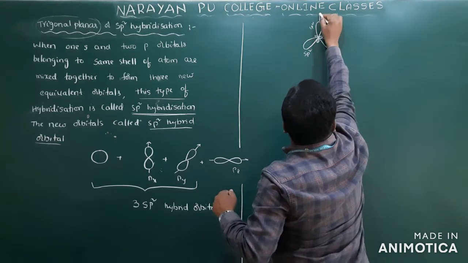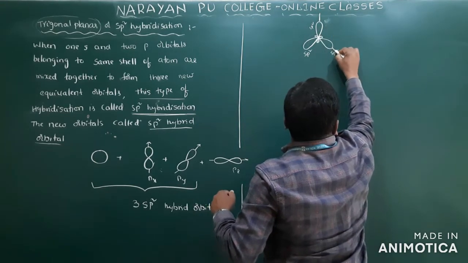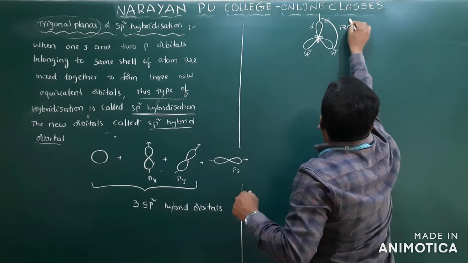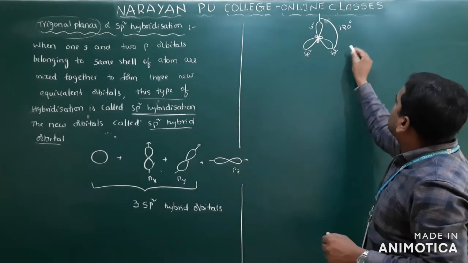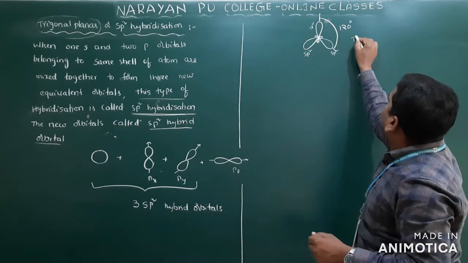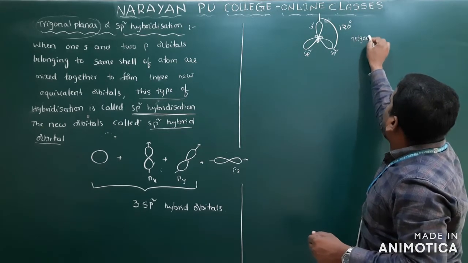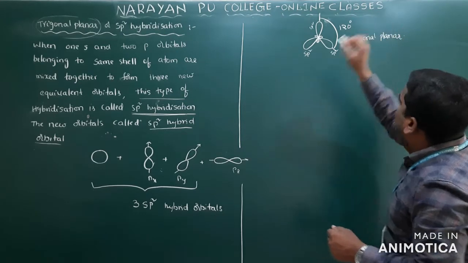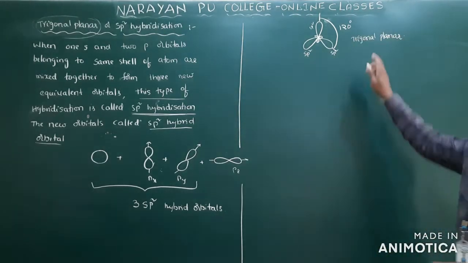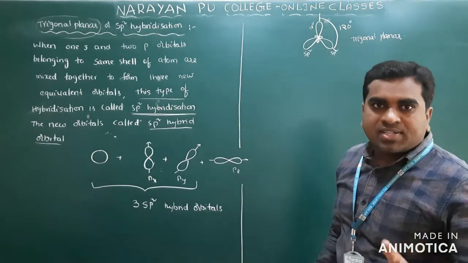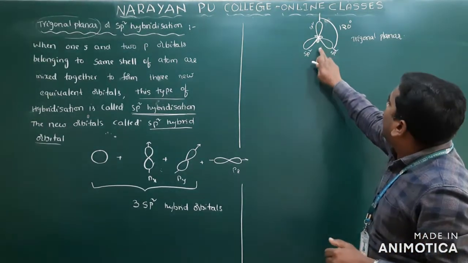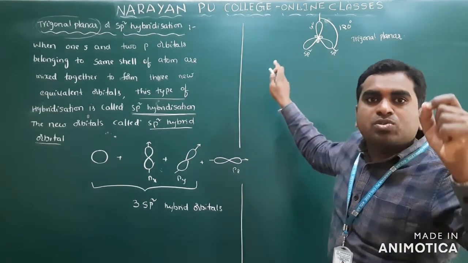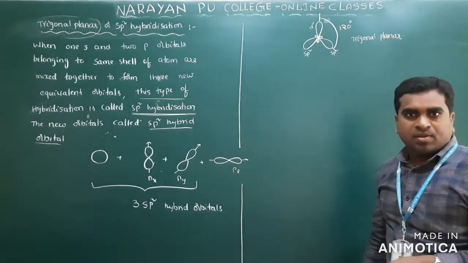Clear? So if I take here the bond angle, what is the bond angle here? Bond angle is 120 degrees. What is the shape of this hybrid orbital? Trigonal planar. What is the shape of these sp2 hybrid orbitals here? Trigonal planar. And I already said whatever the shape of the hybrid orbital, the molecule shape will also be the same. Clear?